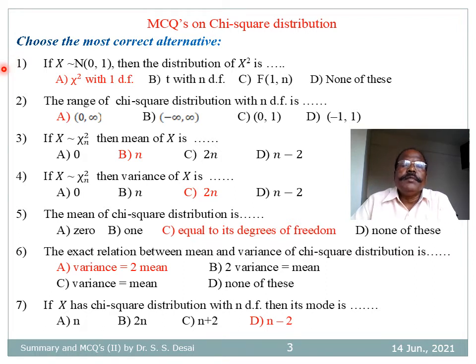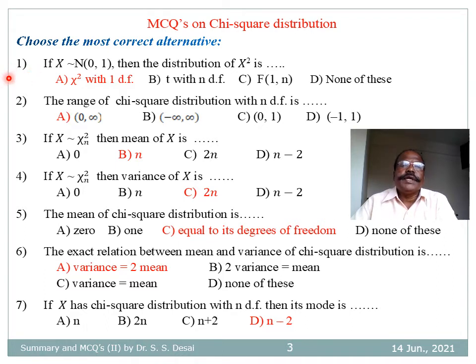So these are some MCQs on chi-square distribution. Students should note that in this presentation, the correct alternative, that is correct answer, is given in red color.